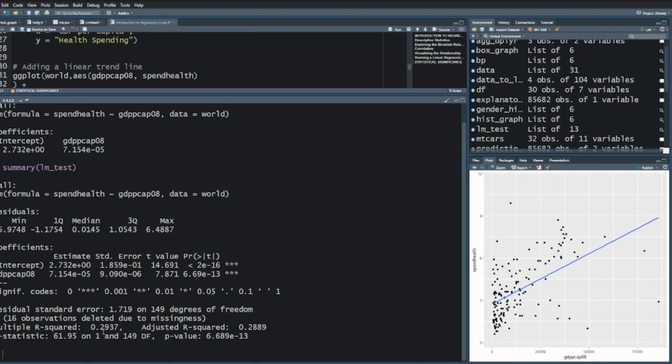And we have an R squared of 0.29, which is like 29%. So what this is telling us is that this model only explains about 30% of the relationship between GDP per capita and health expenditure, right? Which is not really much. It's not something that we can hold on to. So even though our results are highly statistically significant, we cannot accept this analysis because our R squared is so small.